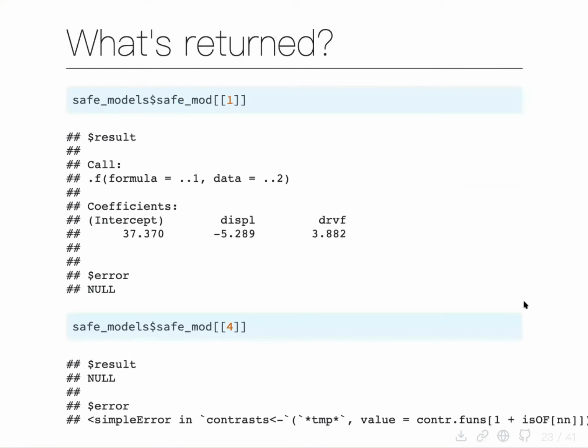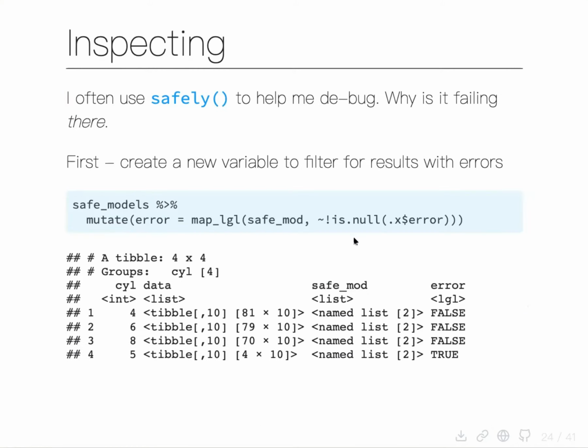So if I come back here, I'm saying, is this element of the list null? For this one, it would return true. For this one, it would return false. Then I use this exclamation point here to flip those. So now I'm getting falses where there is not an error, and true where there is an error. That's the part that's a little bit confusing.